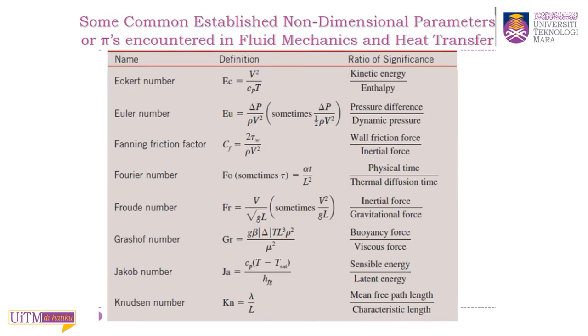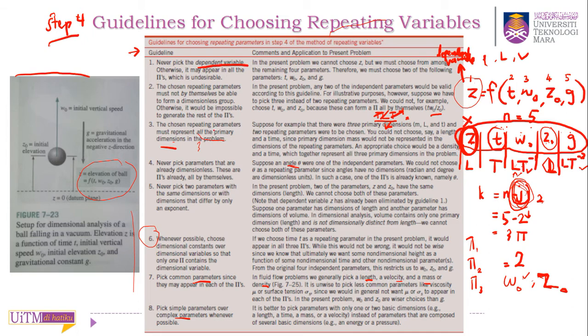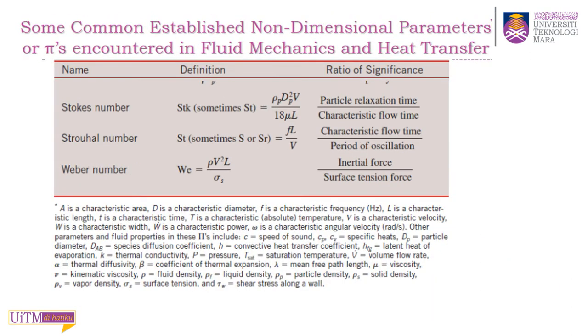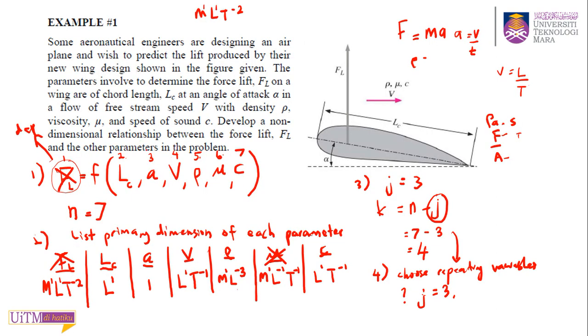And it also says here that you cannot choose the dimensionless. So which one here is the dimensionless parameter? Alpha, right? This angle is dimensionless. You cannot choose this dimensionless parameter, so we can remove that alpha. Now what is left is only L, velocity, density, and also the speed of sound.